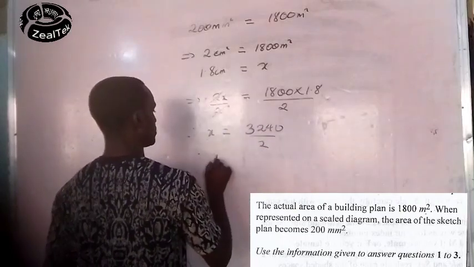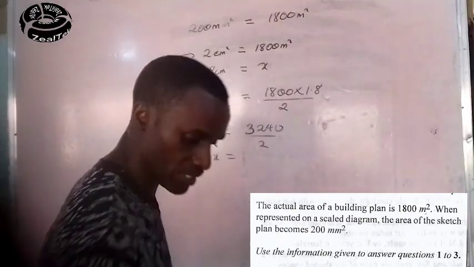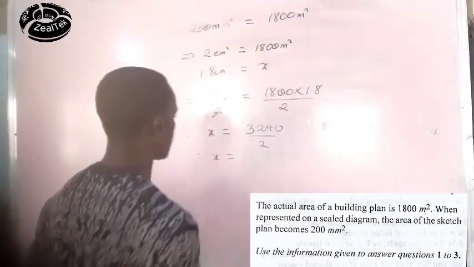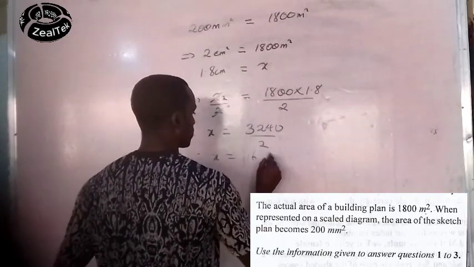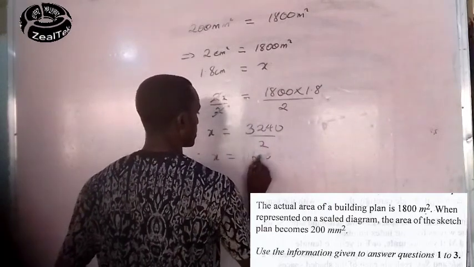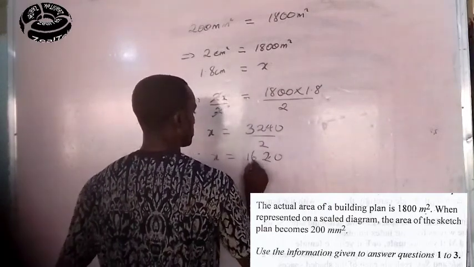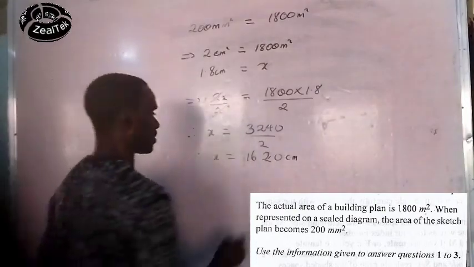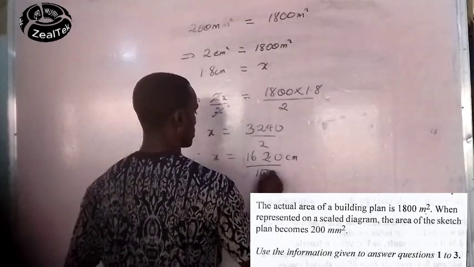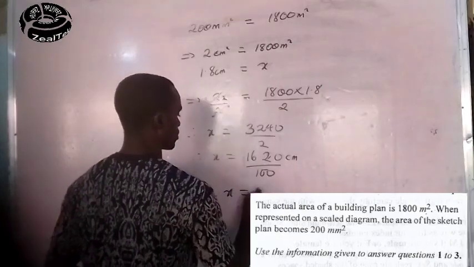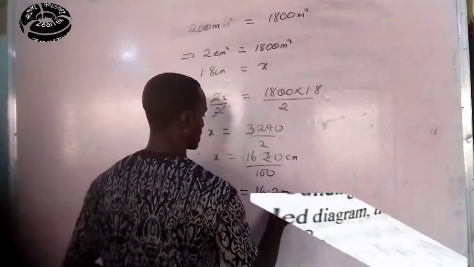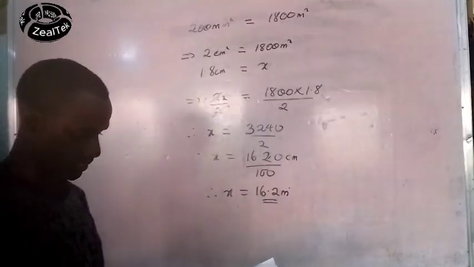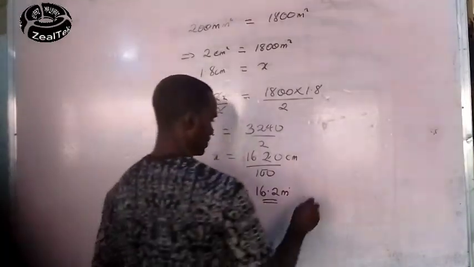And therefore, if we divide by 2, we're going to have 1620. But this one is in centimeters. To now convert it to meters, divide by 100. Therefore, the value becomes 16.2 meters. This is the height of the wall. And the correct answer in this case becomes B.